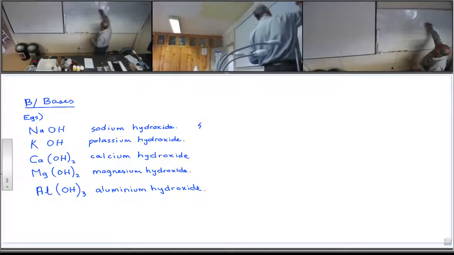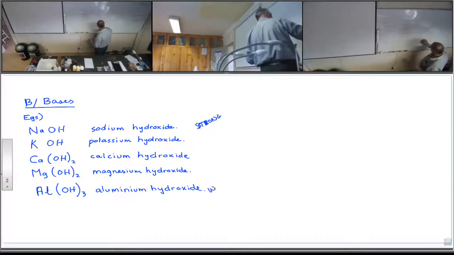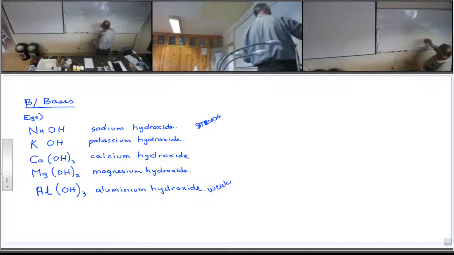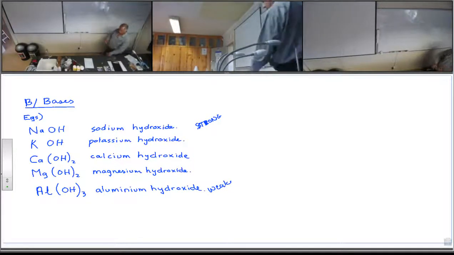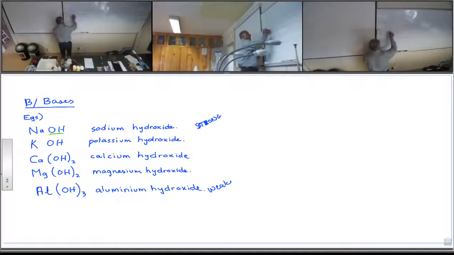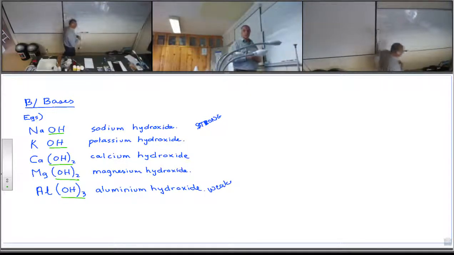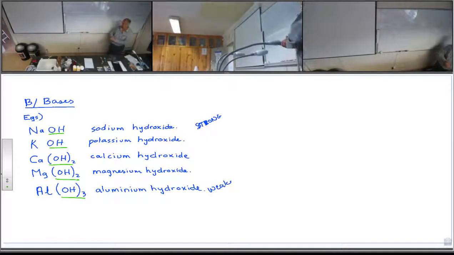These are the strong ones, and these are your weak ones. But one thing you will have noticed that all bases contain, they contain at least one OH, sometimes up to 3 OHs. There are some exceptions.